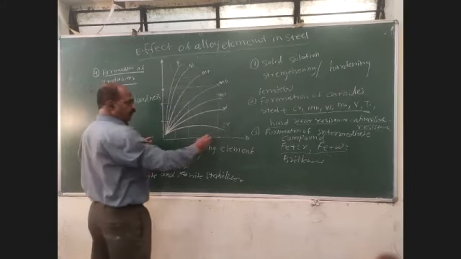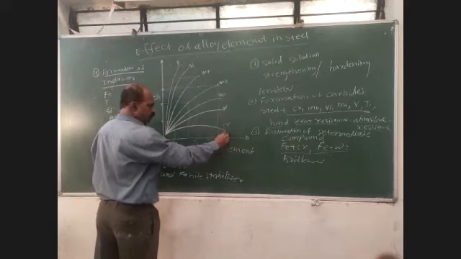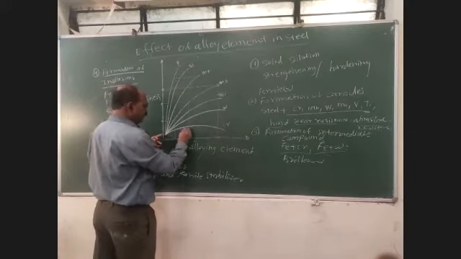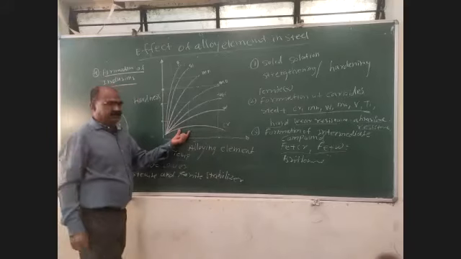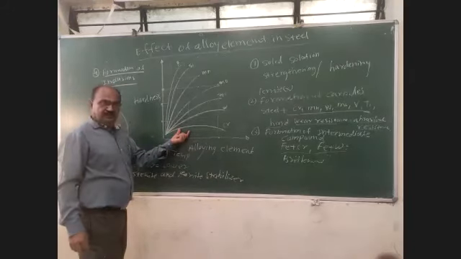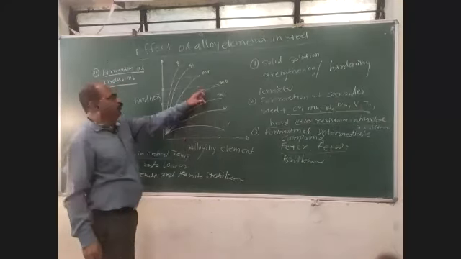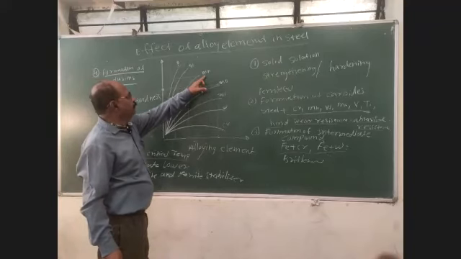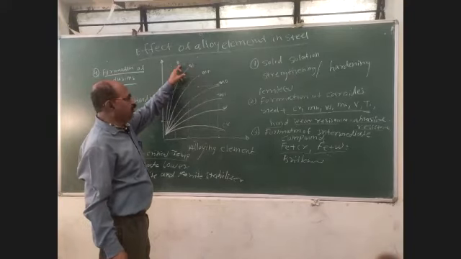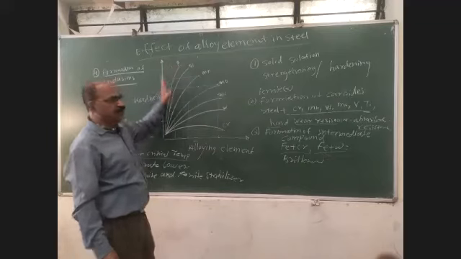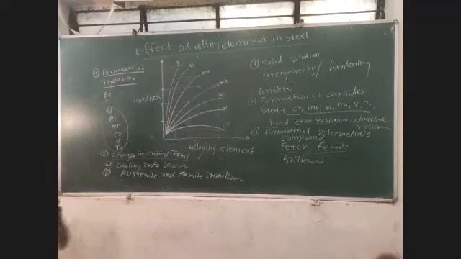Correct. If we increase the chrome, there is less possibility of getting hardness. But molybdenum, Mn, phosphorus, silicon, if we add these, hardness definitely goes on increasing.